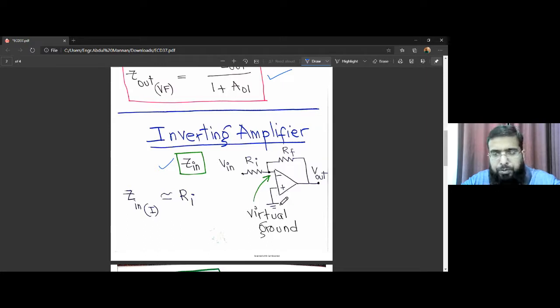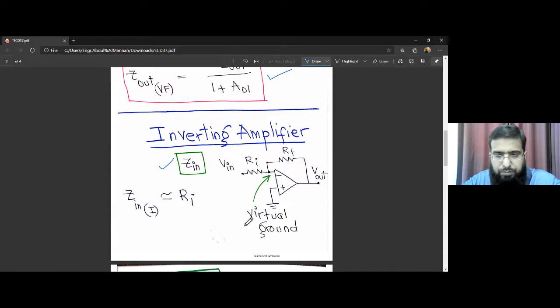Since there is a differential amplifier as the first stage of this operational amplifier, the other terminal, the inverting terminal, is also taken to ground, that is virtual ground. This means that the voltage is equal to 0 volts, but it is not physically connected to ground. Therefore it is called a virtual ground.